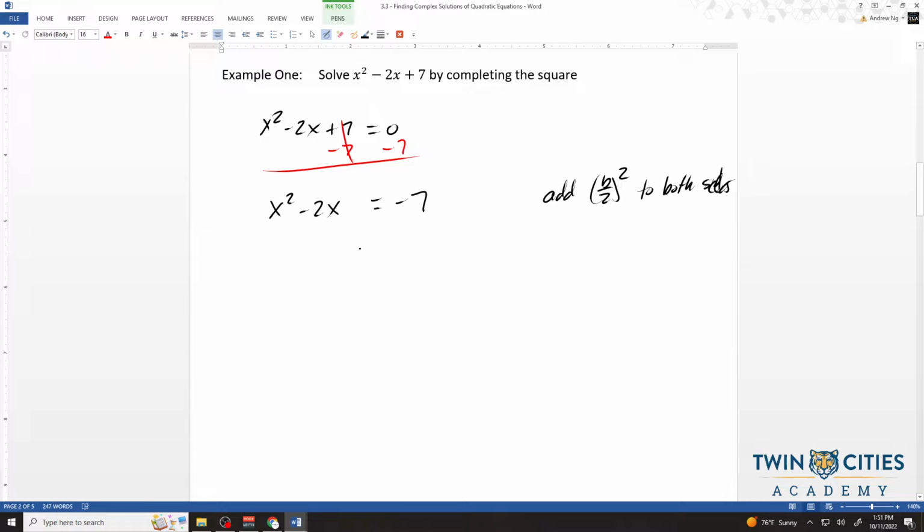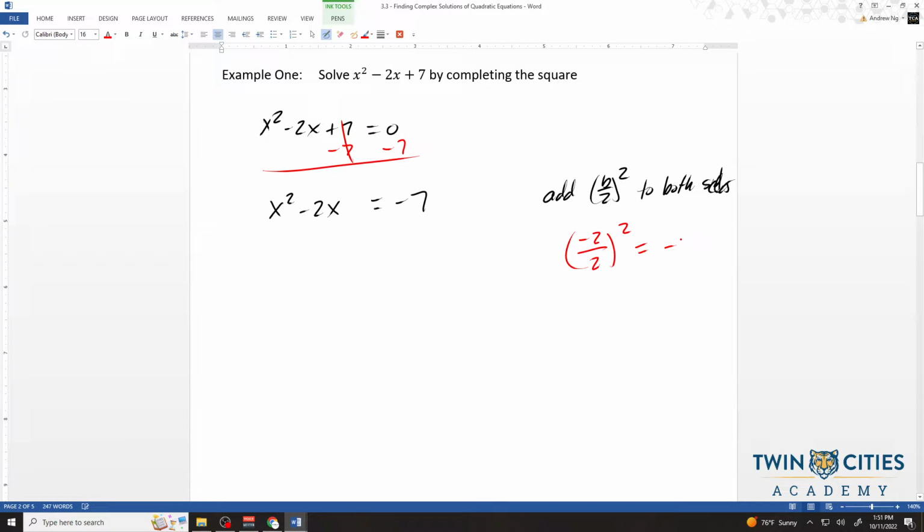Okay, so what does that mean in this case? B is -2. So this is going to be b, negative 2, over 2 squared. So I'm going to add that to both sides, which really, this is negative 2 over 2.